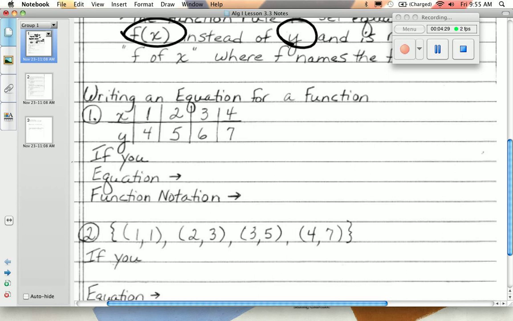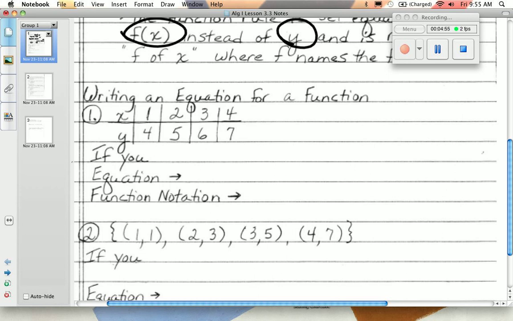Is 1 plus 3, 4? 2 plus 3, 5. 3 plus 3, 6. And 4 plus 3, 7. It's got to work throughout the whole table. You can't just do it at the very first one and forget about the rest of the table.